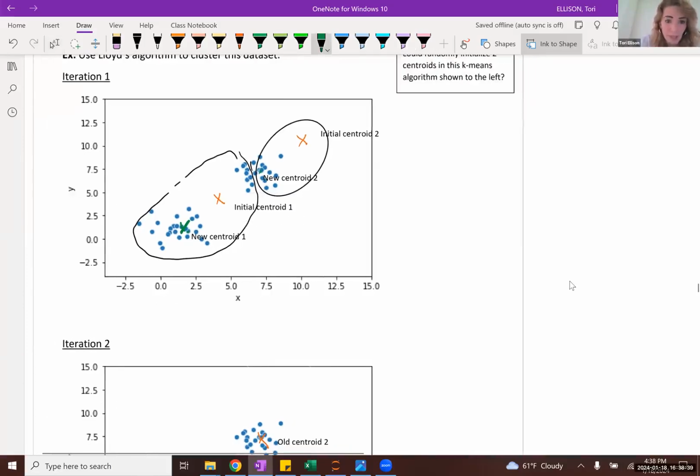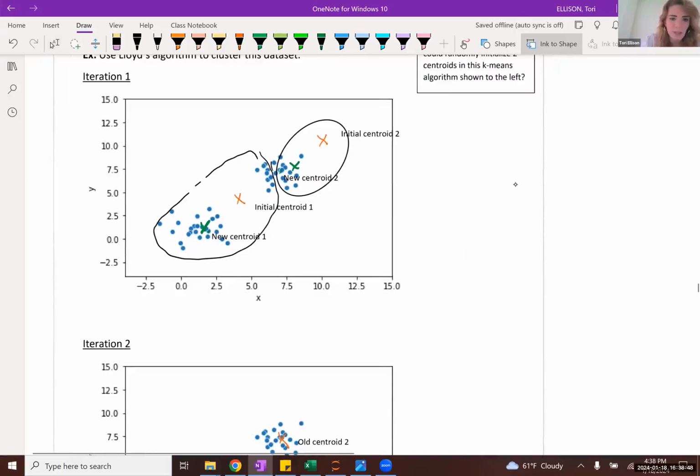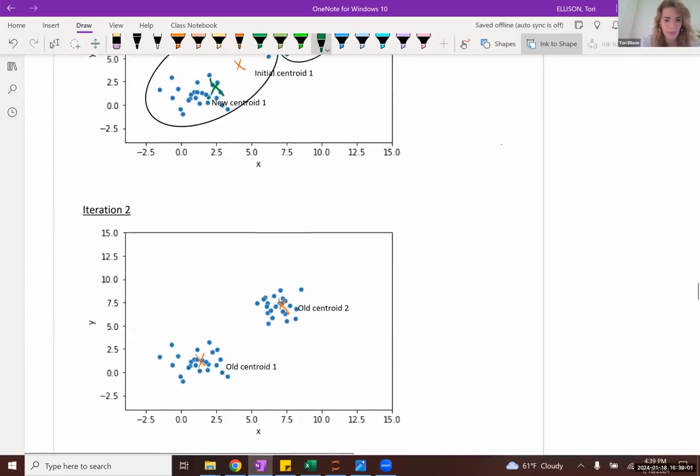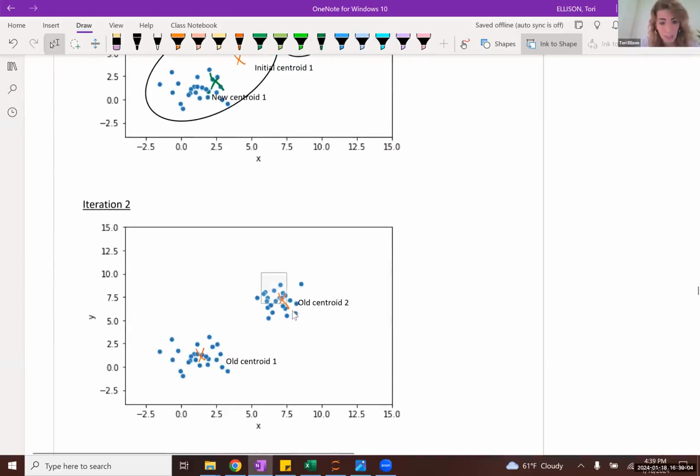So that new centroid would be somewhere like this, and this new centroid be something like this. Okay, so that means this old centroid would be a little bit further to the right. This old centroid would be a little bit further to the right.